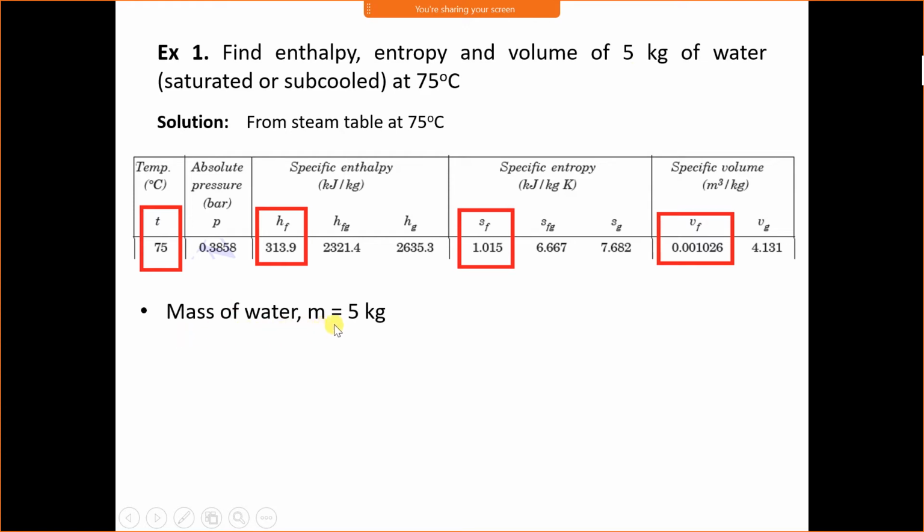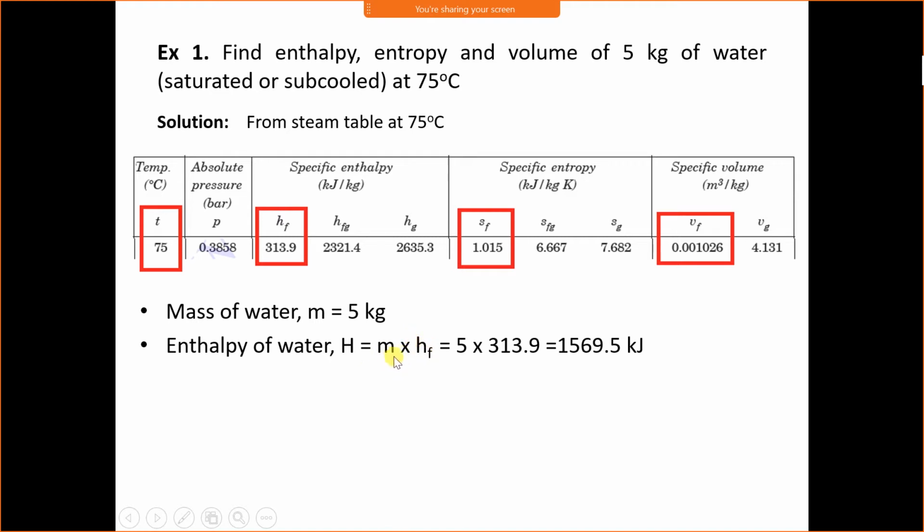Mass of water is given, that is 5 kg. Therefore, the total enthalpy of water will be capital H. We write total enthalpy as capital H and specific enthalpy as small h.